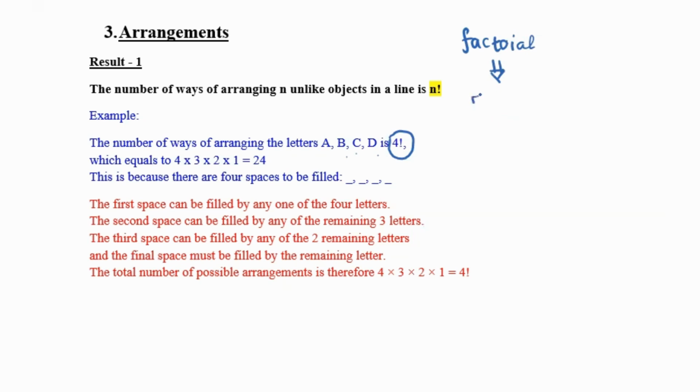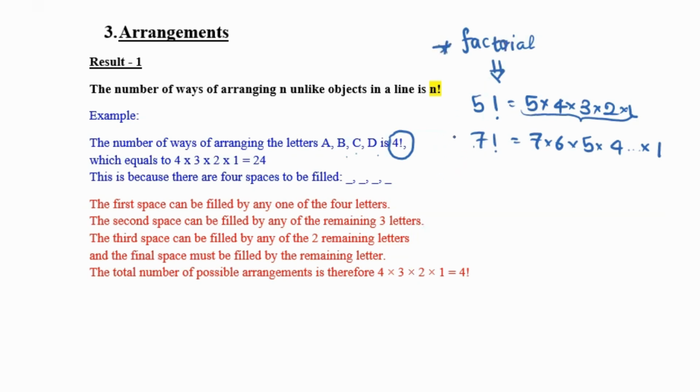So 5 factorial is 5 times 4 times 3 times 2 times 1. And 7 factorial is going to be 7 times 6 times 5 times 4, all the way up to 1. So all these numbers play a huge role in making all of these long multiplications into a cluster. That is why the factorial notation is used.